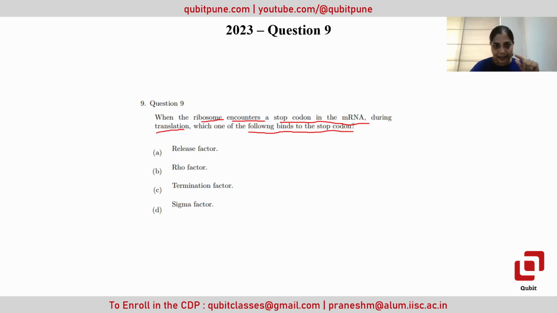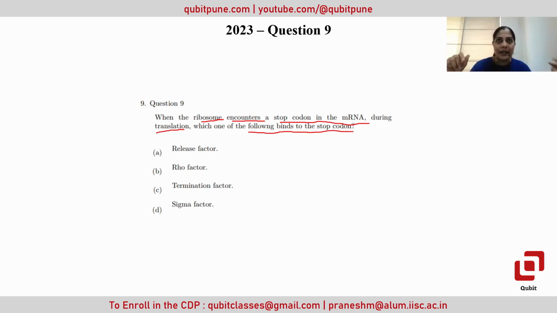Release factor is the correct answer, which means option A is the correct answer. Especially in the eukaryotic system, there are release factors present in the ribosome itself. Once the ribosome starts reading the different codons and reaches the termination codon, these release factors help to bind with the stop codon, and the signal is given to the ribosome that protein synthesis should be stopped at this point, because the stop codon is already there and no more tRNA will be recruited for the elongation of the polypeptide.